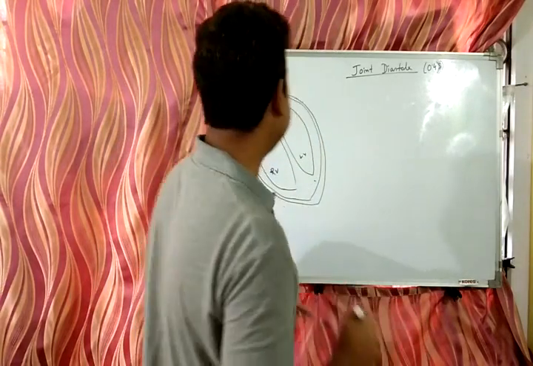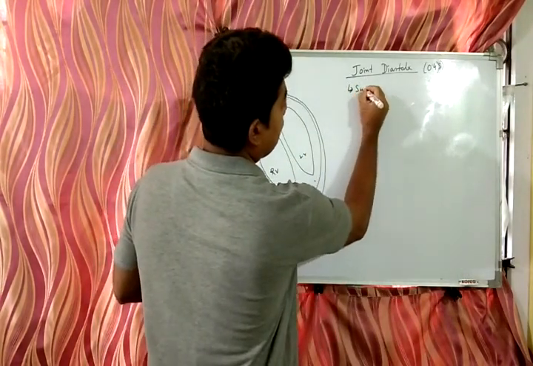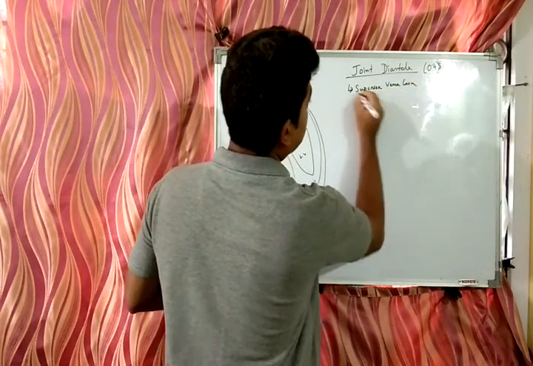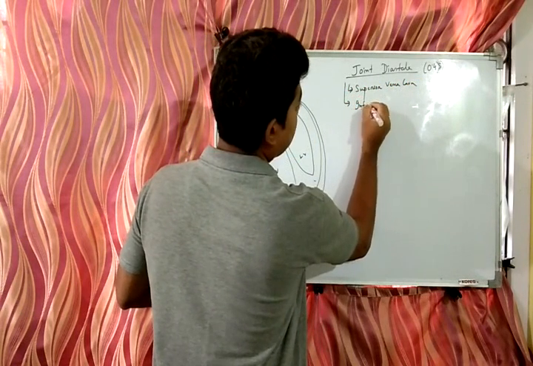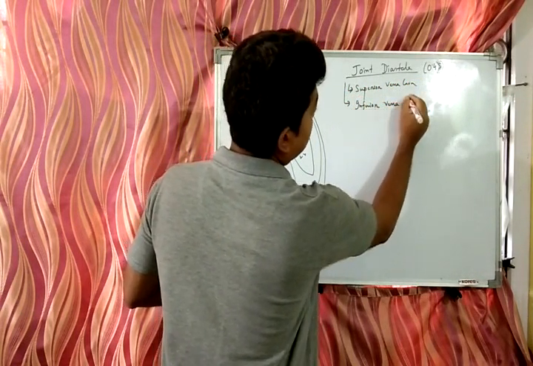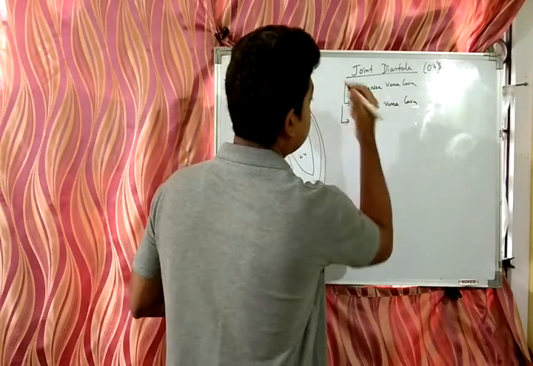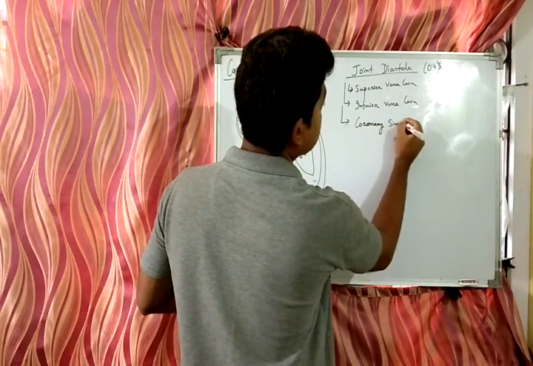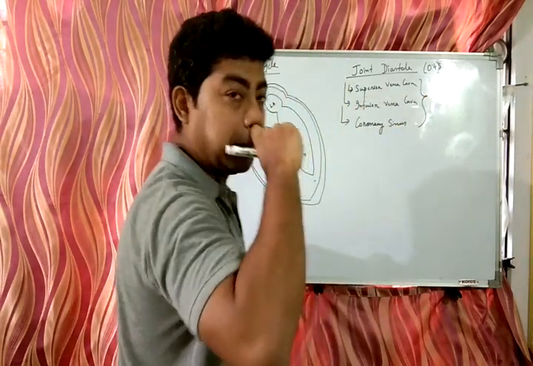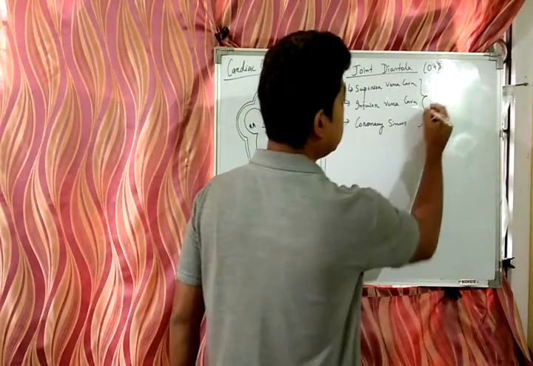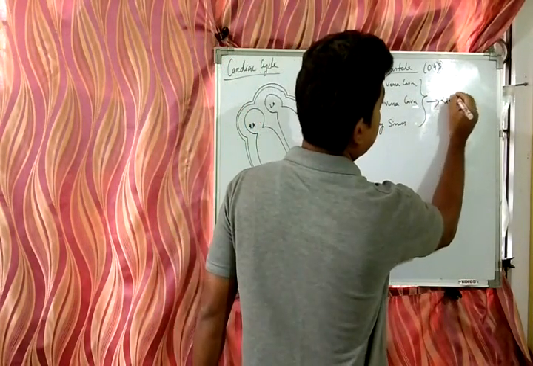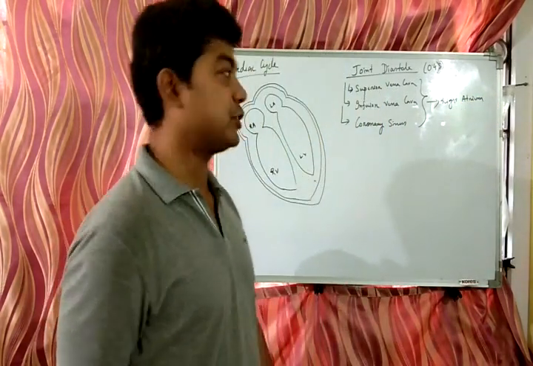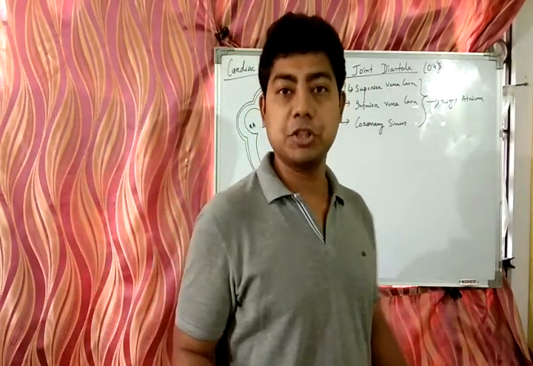So in that time, the superior vena cava, then the inferior vena cava, then the coronary sinus all carry deoxygenated blood to the right atrium when it is in a relaxed position.